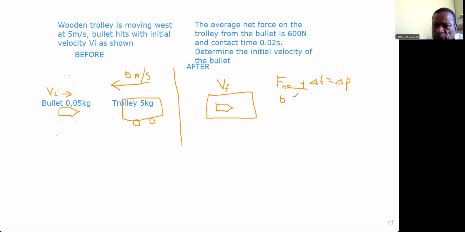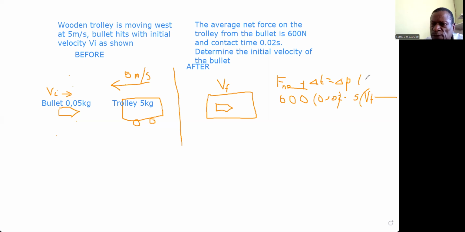So that will be 600, the F net, times the contact time, which is 0.02, is equal to the mass of the trolley, which is 5 kg, times (VF minus VI) for the trolley. I forgot to take to the right as positive. Your signs are very important here.